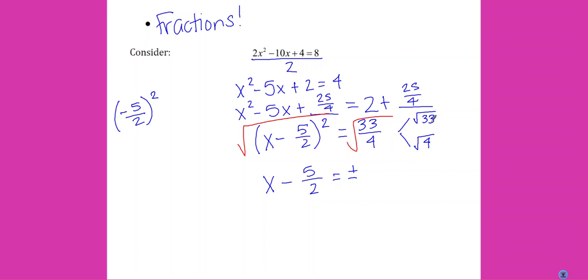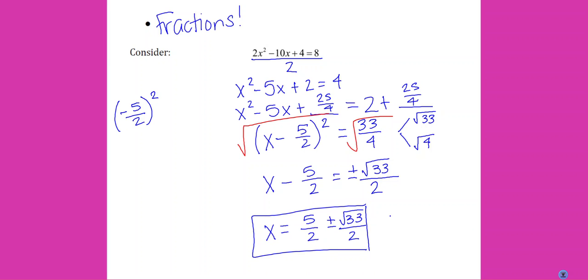The square root of 33 can't be simplified, so I'm going to leave it as the square root of 33 over the square root of 4 is 2, and then x equals 5 halves plus or minus square root of 33 over 2. You can leave it like that.